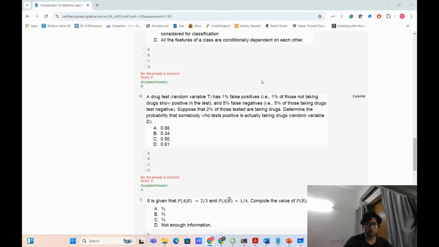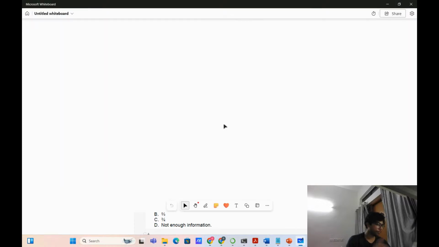Okay. So let's define first two events. One is event T, which means that the person tests positive. That is the first event. Second event is taking the drug, so D means taking drug.